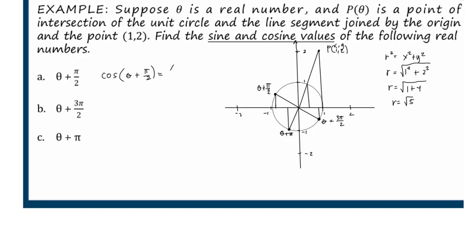Because if we look here, our x is going to be 1, 2, because this triangle is lying down. So meaning, our value there, let me notate that, this is going to be square root of 5, so this is just 1 and 2.